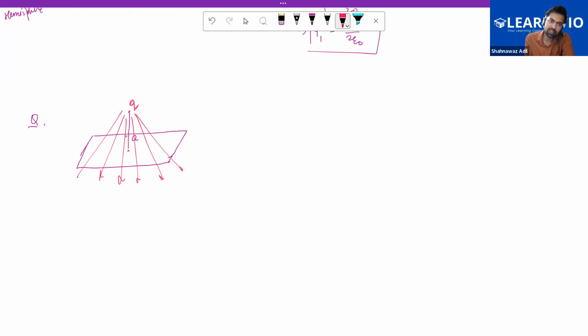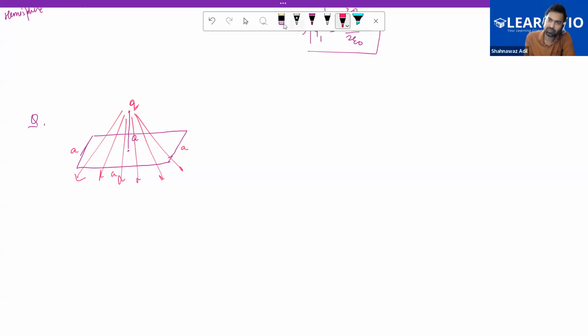So again, the idea is to make a closed surface. This is a square sheet, with sides A.